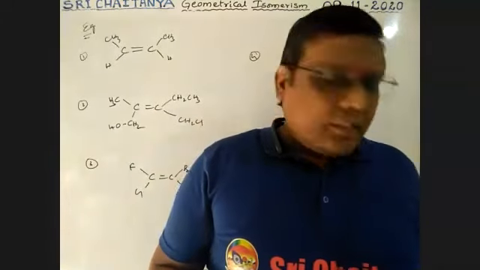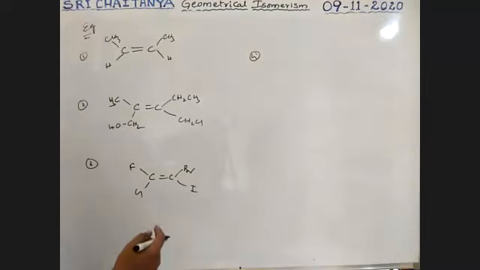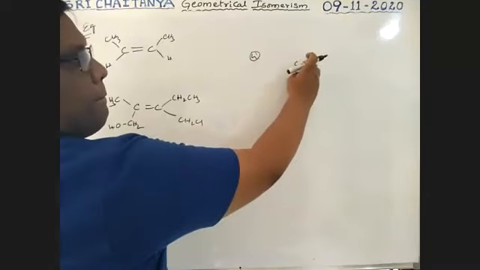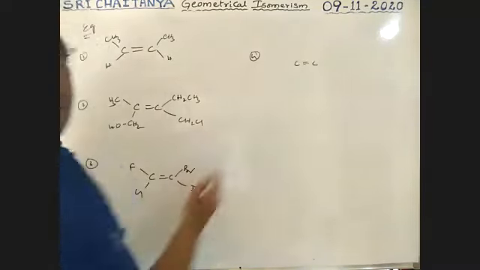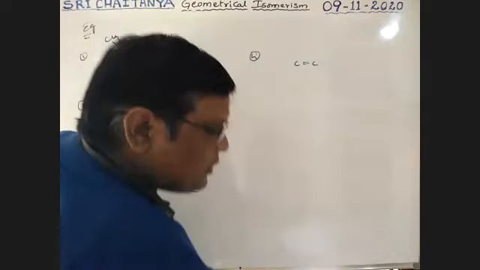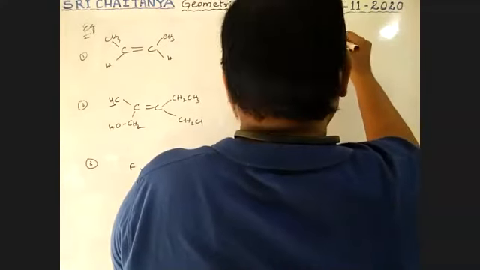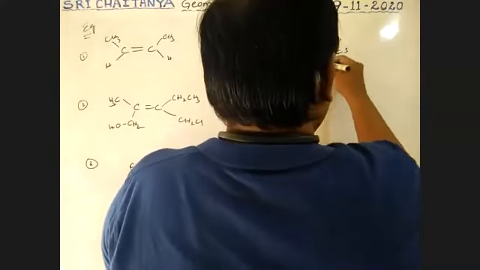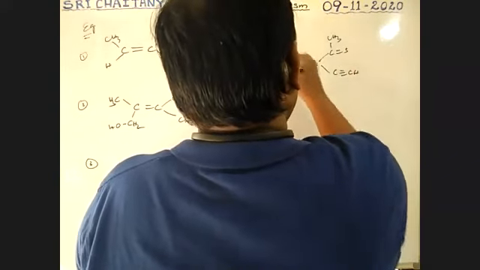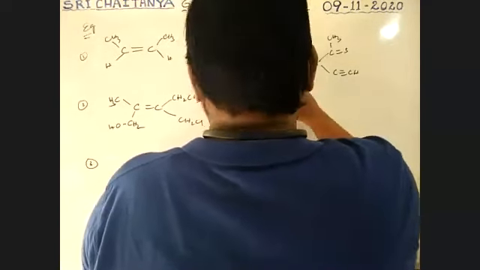Come on, try yourself, boys. Try. C double bond C. C double bond C. Just a minute, I'm writing. C double bond S, CH3, C triple bond CH, CHO bonded with NCN, CN.